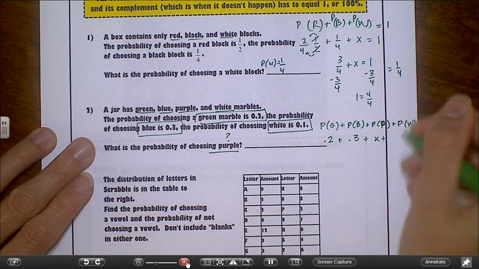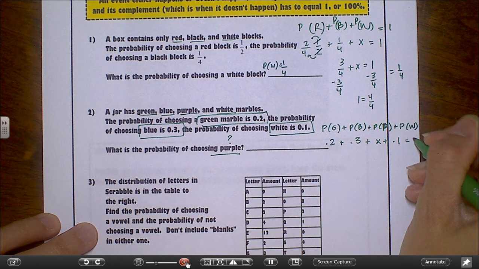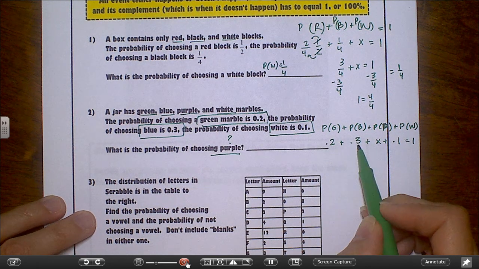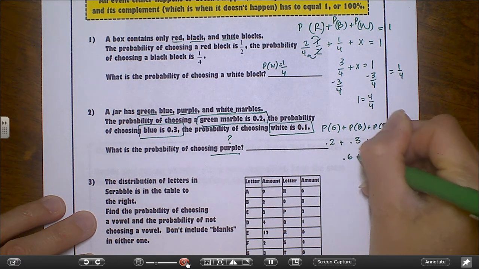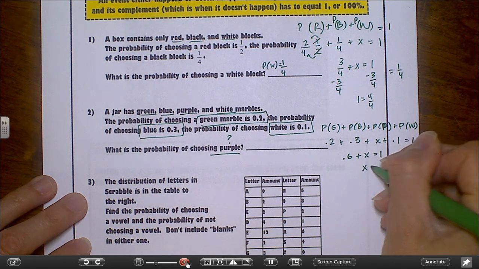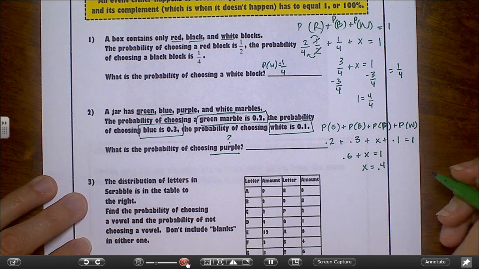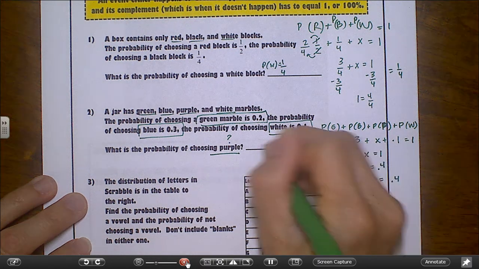And then white is 0.1. And that, remember, all has to add up to 1. So 0.2 plus 0.3 is 0.5 plus 0.1 is 0.6. So 0.6 plus X equals 1. 1 minus 0.6 gives me X equals 0.4. So the probability of purple is 0.4.